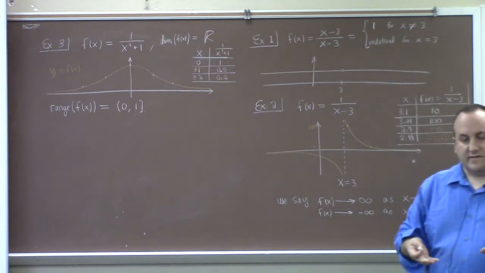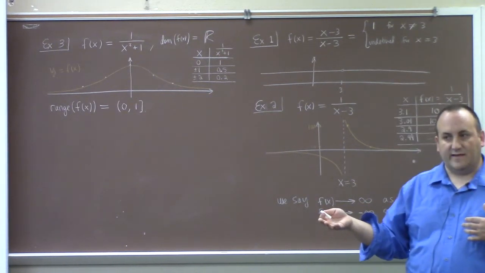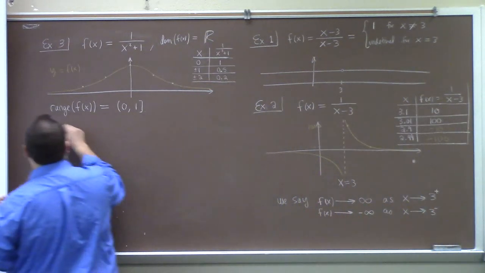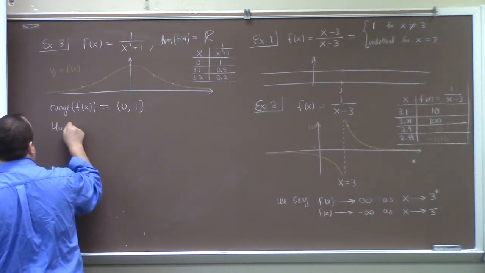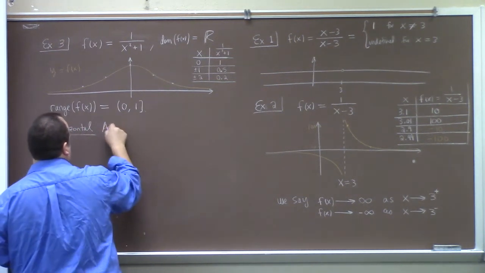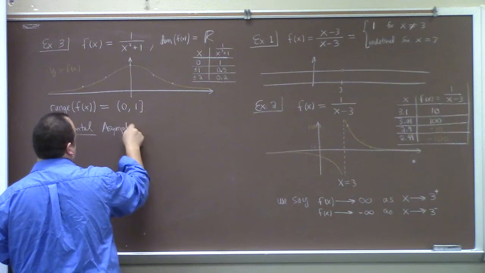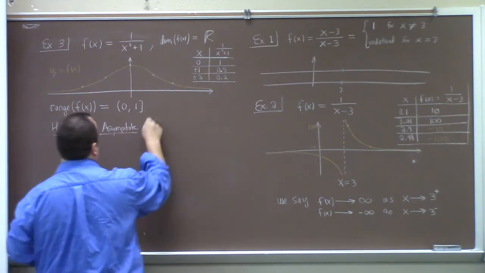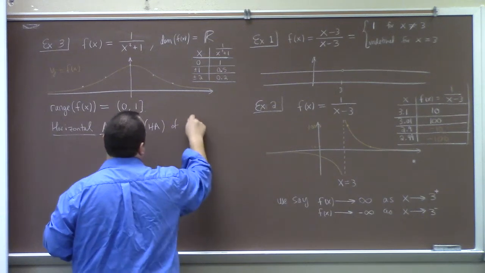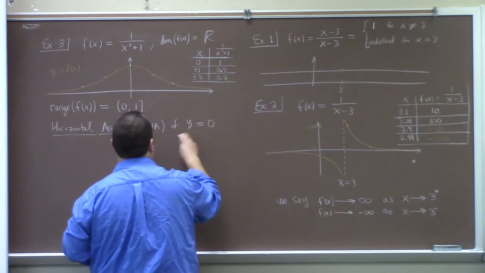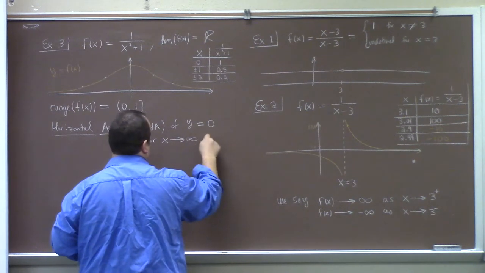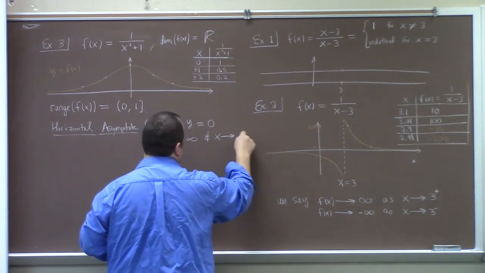Now this function doesn't have any vertical asymptotes, right? But what it does have is horizontal asymptotes, right? Notice we have a horizontal asymptote of y equals 0 for x going to infinity and x going to minus infinity.